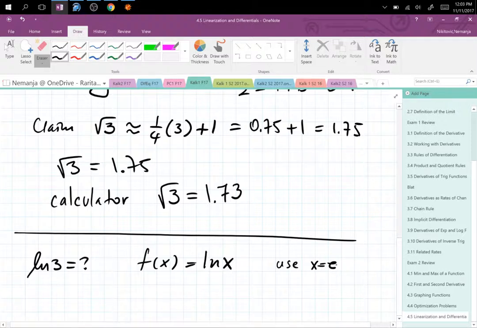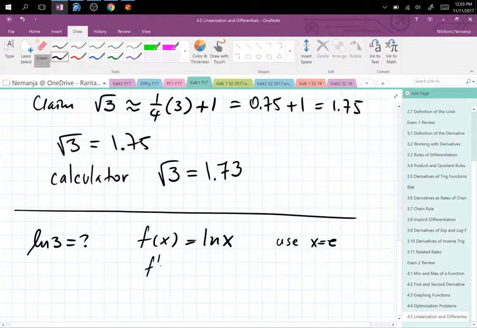E squared, right? It's about 9. It's good enough, right? So you look for the closest point that you can compute without any issues.